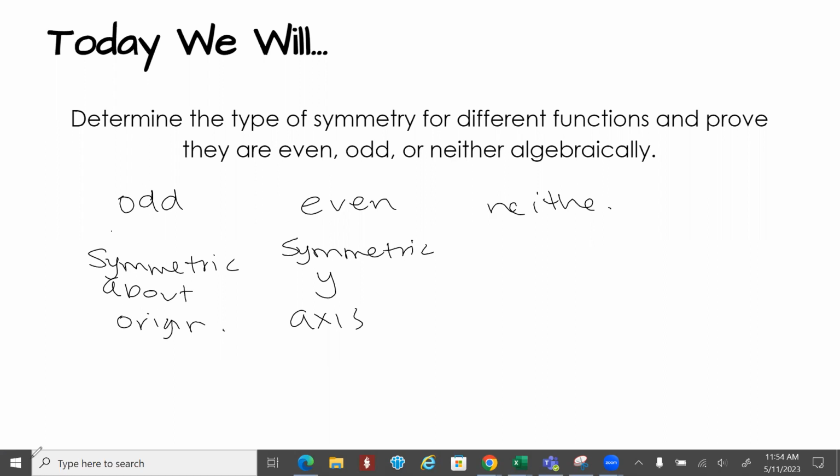Another way to look at this is to say, if you took your function and you plugged in negative x, then it should be equal. I'm going to show you an example of that in just a second.